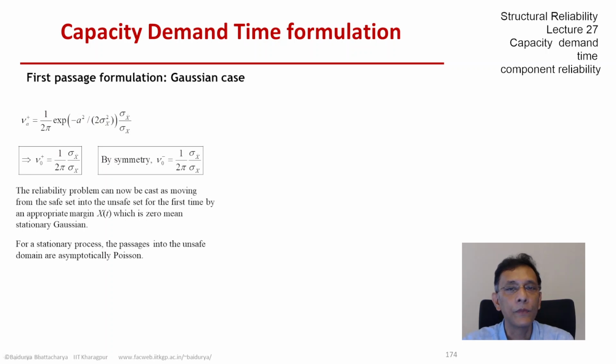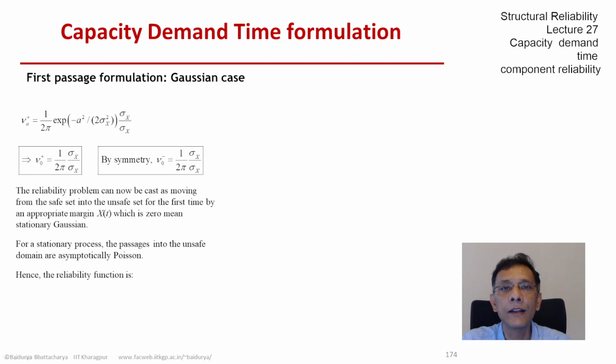Now there is also a very useful result that for a stationary process, if we see repeatedly the times at which the process makes such crossings, it becomes asymptotically a Poisson process. So we know that a Poisson process is defined only by its rate, and the rate is simply these rates that we have computed. So it's nu 0 plus or nu 0 minus.